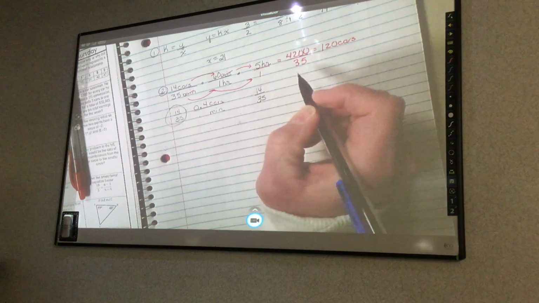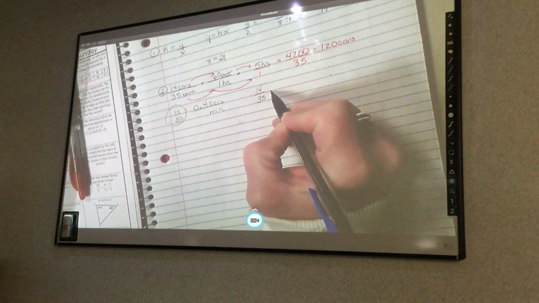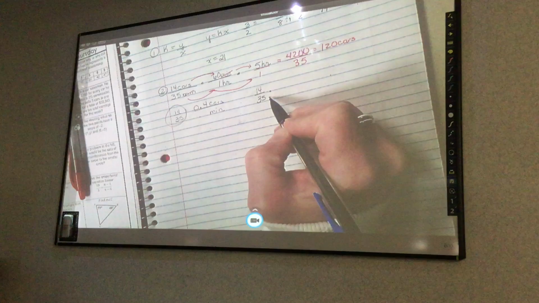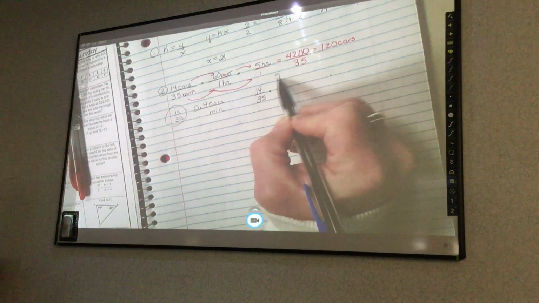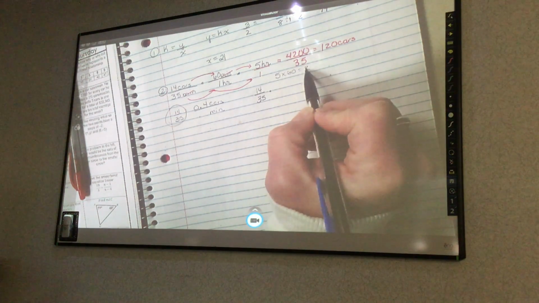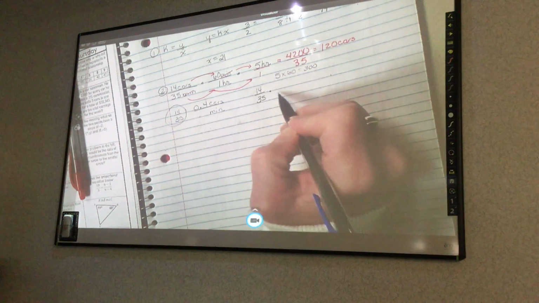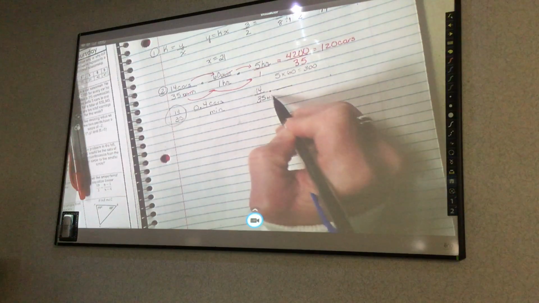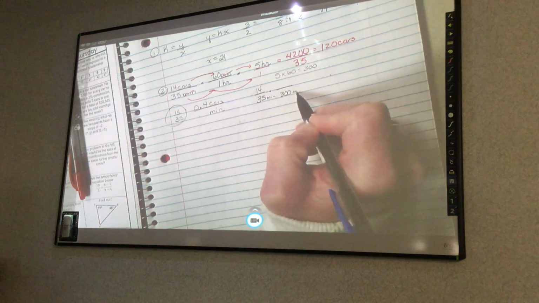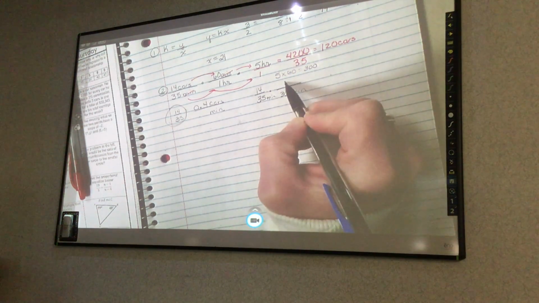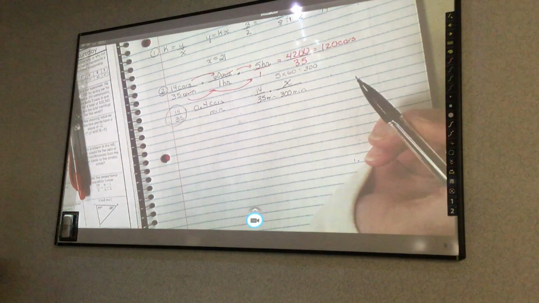Yes. Okay, then what did you put? And then I changed the 5 hours into minutes. So you did 5 times 60, which is 300. Okay. And then I put the minutes on the bottom, so I put 300 on the bottom. And then I cross multiplied. And you did an X here. Yep, that would work.